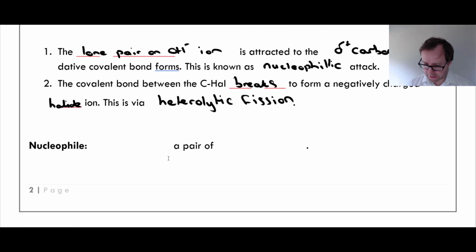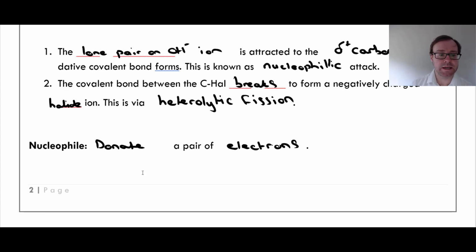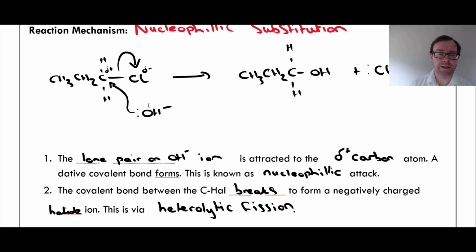Okay, another definition, because I don't know if we've defined this yet, nucleophile. Nucleophiles donate a pair of electrons. That means we usually need a lone pair, and it's usually charged as negative. So they're attracted to an area which is positively charged, an electron deficient area, and this lone pair of electrons can then form a dative covalent bond.